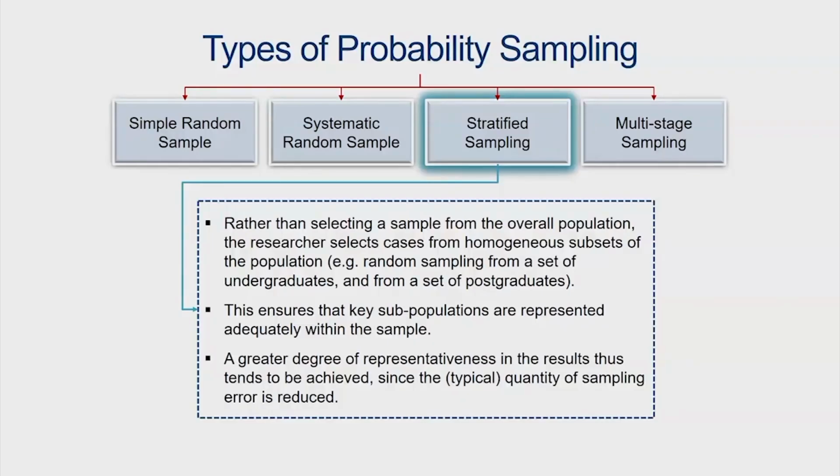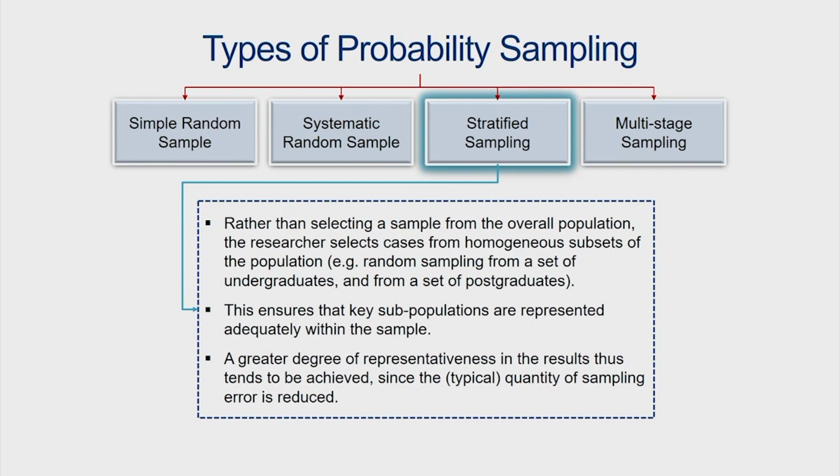Let us say you have large farmers, medium farmers, small farmers, marginal farmers, and so on. Once that first stage of stratification is complete, you can then draw a random sample from the large farmers, the medium farmers, the small farmers, such that each of the farm size classes have an equal chance of being represented in the sample. So, that is what we mean by stratified sampling, and this ensures that key subpopulations are represented adequately within the sample.